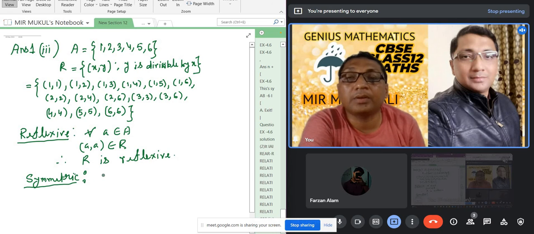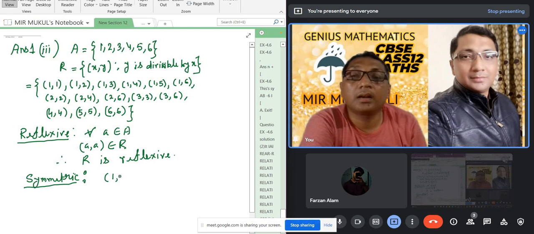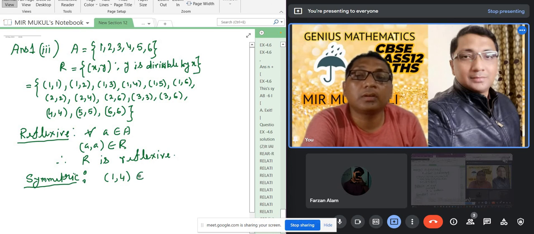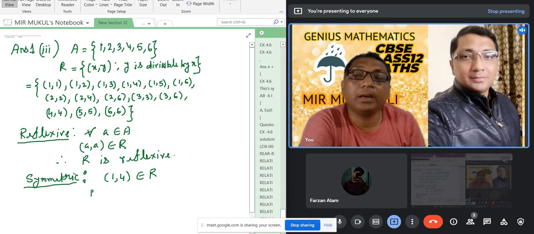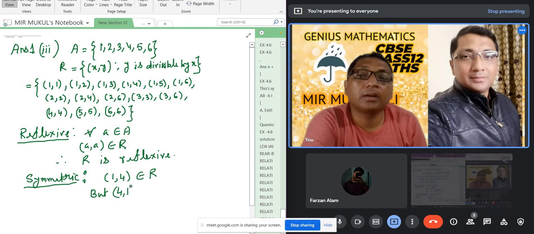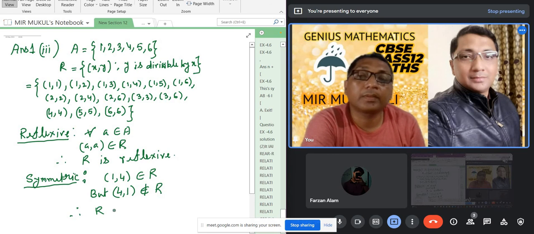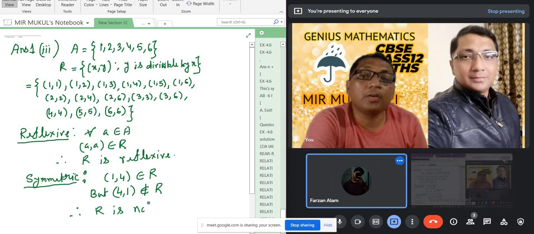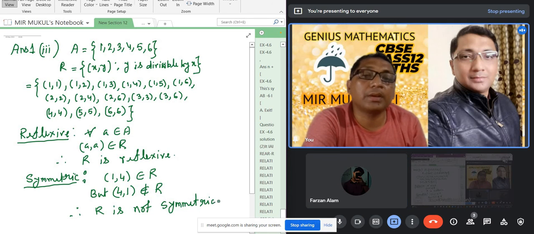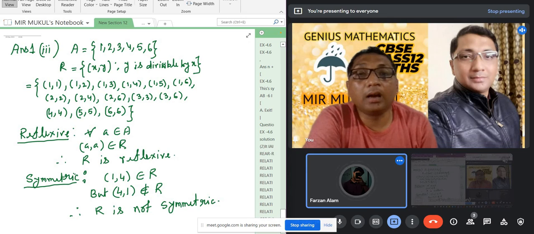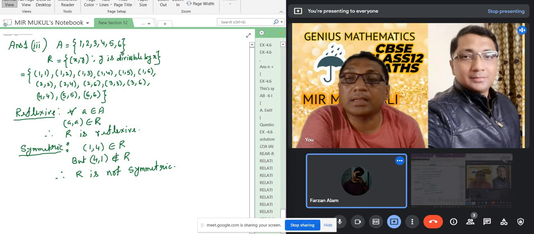Anyone you can take. (1, 4) belongs to R, but (4, 1) does not belong to R. Therefore, R is not symmetric, right? Yes, sir. Now, check transitive or not.